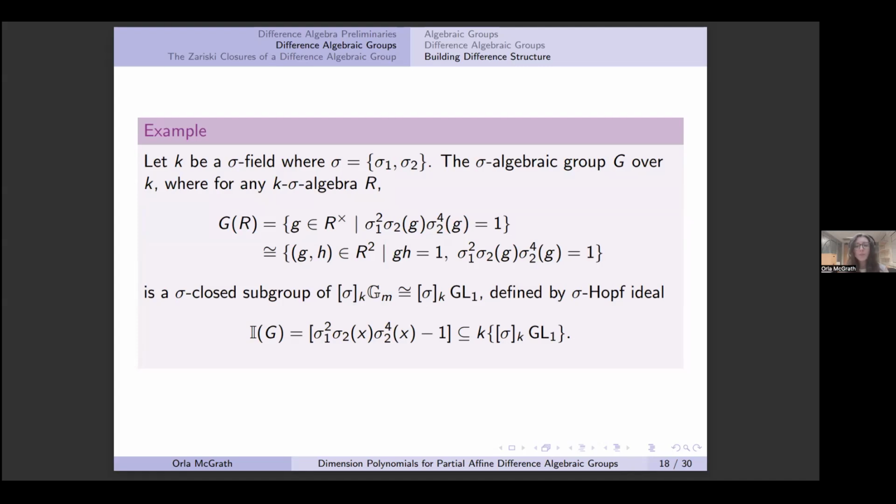That's already put in place by the fact that we're working in the general linear group. So G is defined as a difference closed subgroup of this difference general linear group, just by this monomial subtract 1 that we have. And it's in fact defined by the difference ideal that's difference generated by that polynomial.